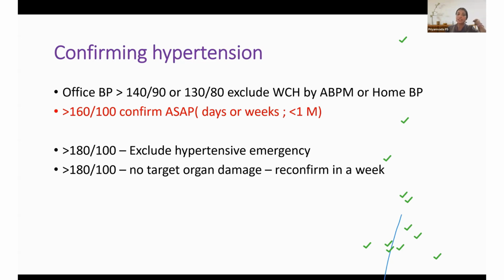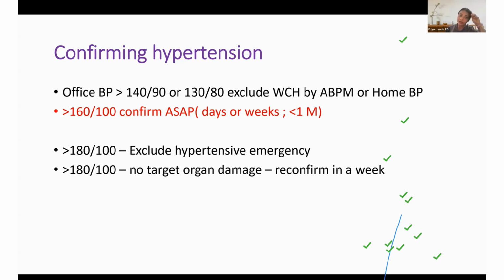And if the person presents with a blood pressure of 180/100, the diastolic blood pressure is a little bit of an area where there is not much consensus. If we look at certain guidelines, they give 110, 120 and so on. Usually with a systolic blood pressure of more than 180, you have to exclude a hypertensive emergency.